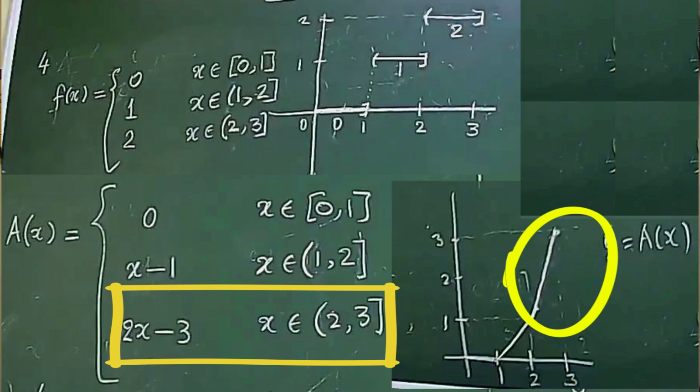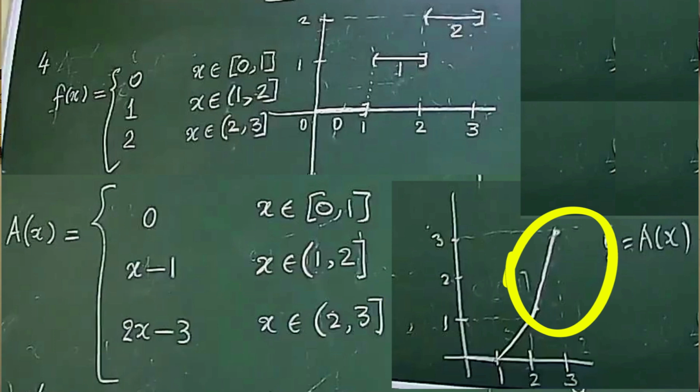And this is where the function is given by 2x minus 3, so that at 2 it passes through the point (2, 1), and at 3 it passes through the point (3, 3). Now clearly you see that at 1 it is a bend, and so also it is a bend at 2. Although the function A is continuous here, f is not continuous.